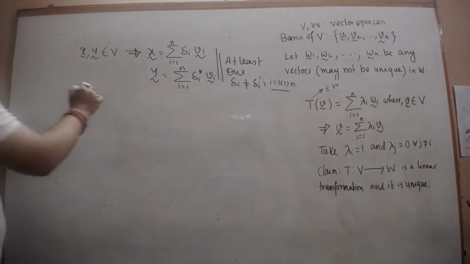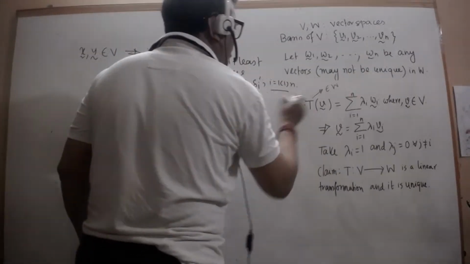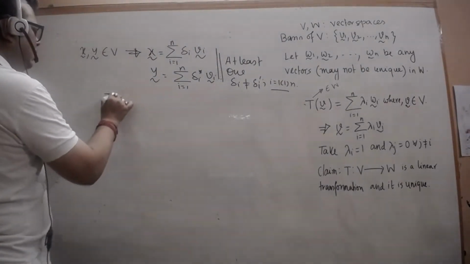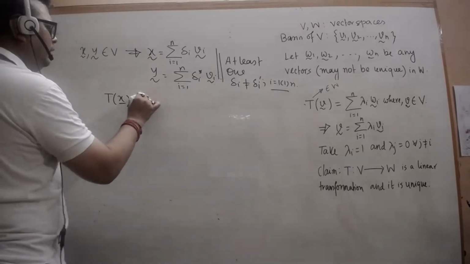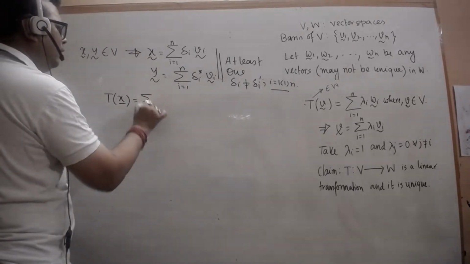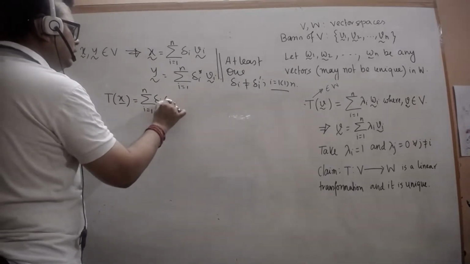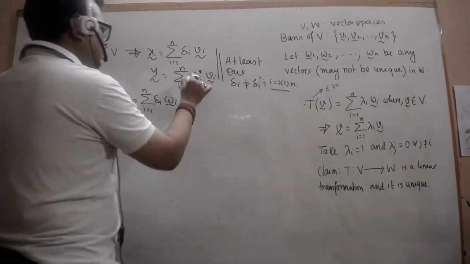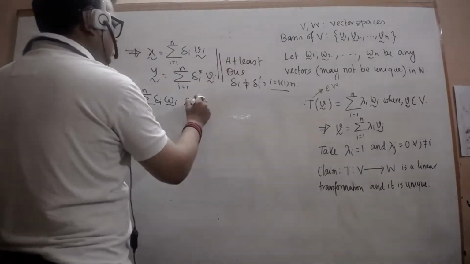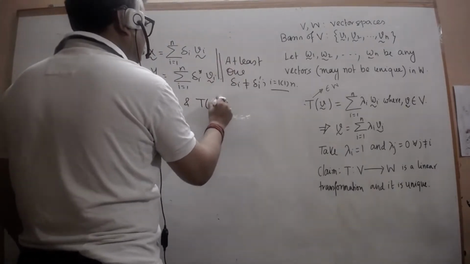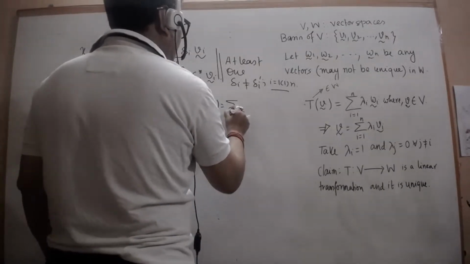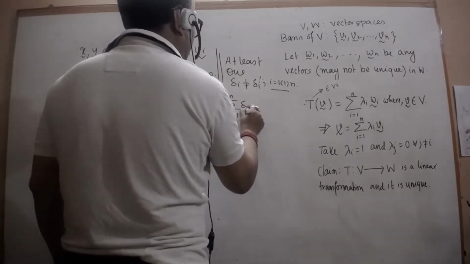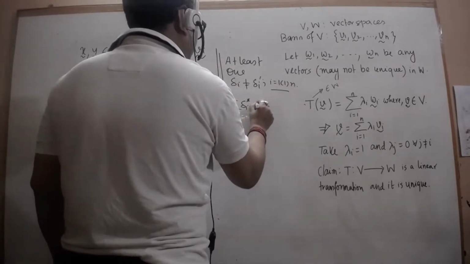According to the definition of T, x curl should map to the sum over i from 1 to n of delta_i w_i. And according to this definition, T(y curl) should be the sum over i from 1 to n of delta_i star w_i.